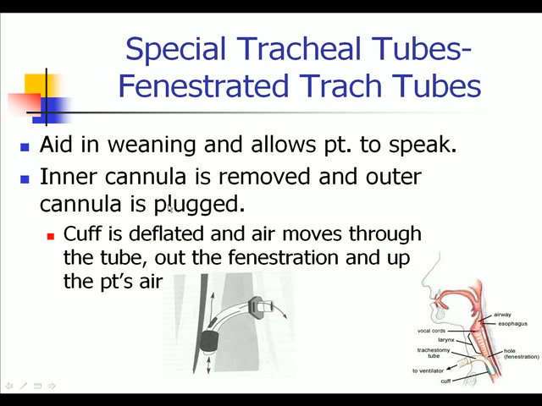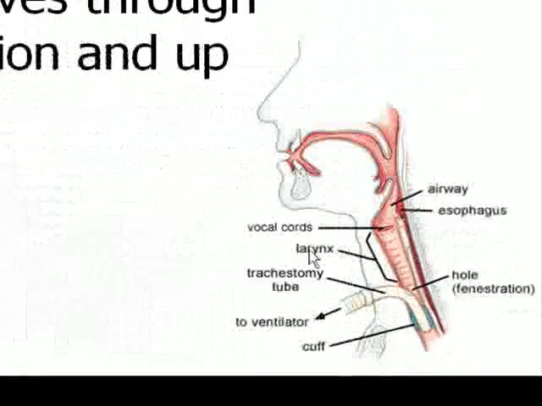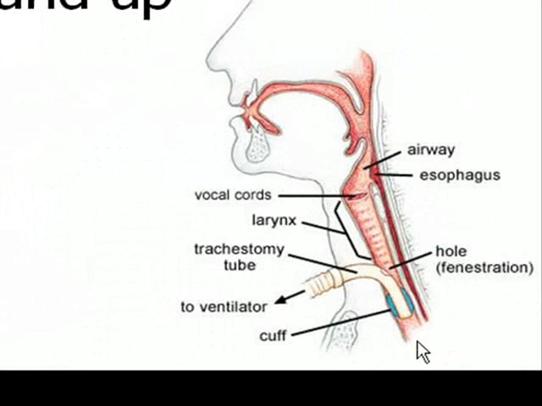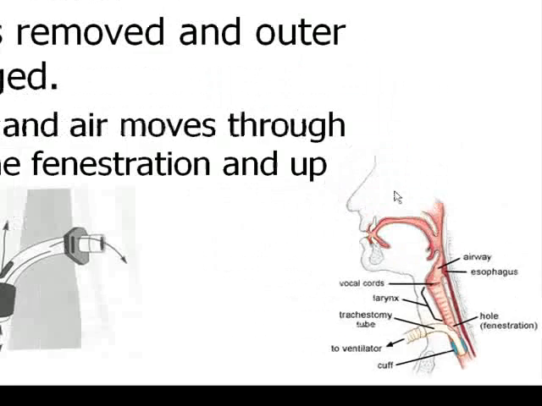The inner cannula can then be removed, and the outer cannula can be plugged, because then you can imagine the air will be able to come through here and still go through the trachea, go over the vocal cords, and be inhaled and exhaled through the mouth. So this is a first step in getting the person ready to possibly plug the tube with a button and then ultimately remove the tube.